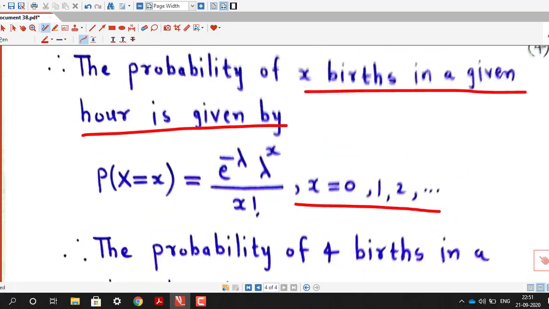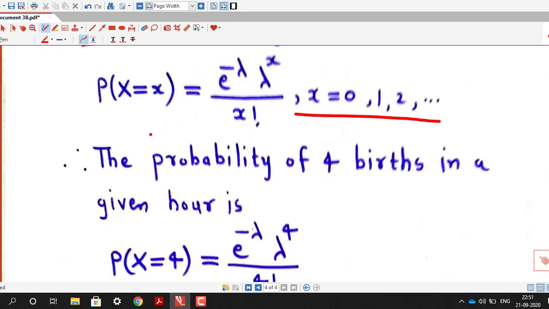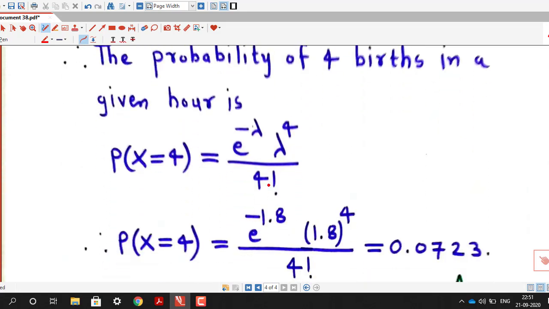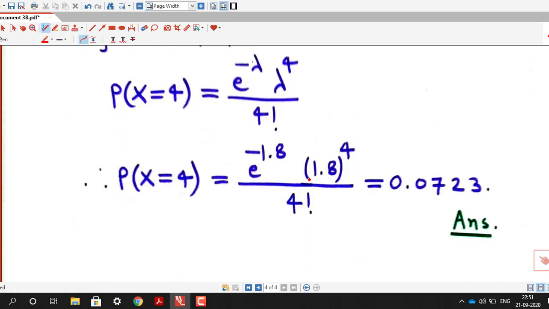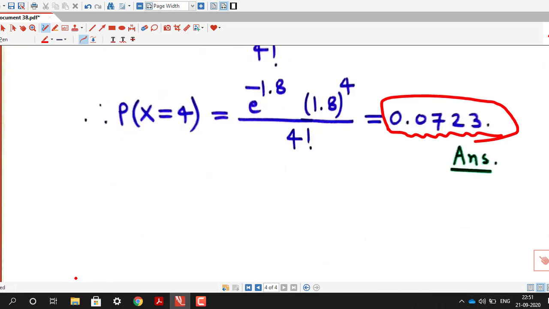We are asked to find the probability of 4 births in a given hour. So here we put small x equal to 4. So it is e raised to minus lambda, lambda raised to 4, divided by 4 factorial. And lambda is 1.8, so we put lambda equal to 1.8. And using a scientific calculator we can find that the probability of 4 births in a given hour is 0.0723.